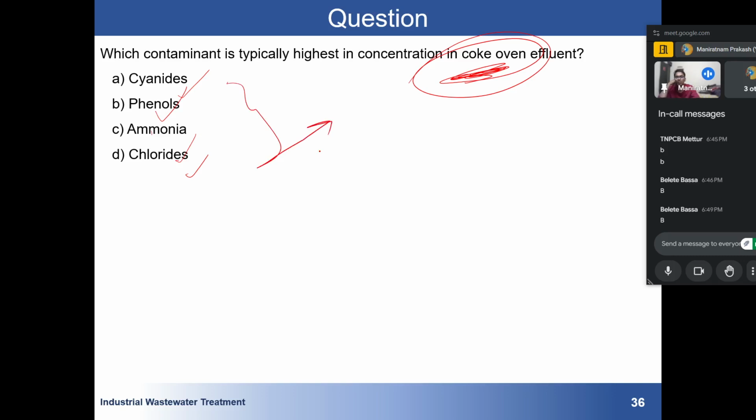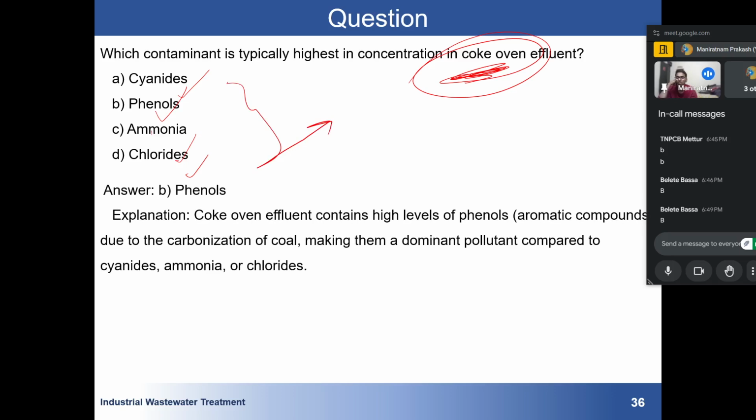Again, we have got answer B. Yes, the correct answer is B. Coke oven effluent contains high levels of phenol and aromatic compounds due to carbonization of coal, making them the dominant pollutant compared to cyanide, ammonia, and chloride. These are also found, but in very limited amounts.